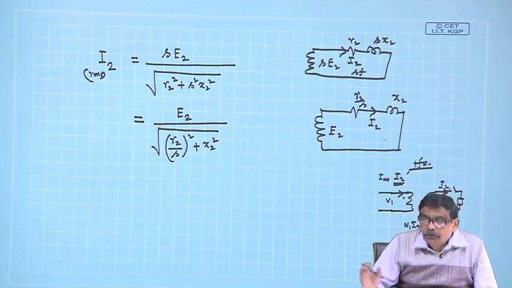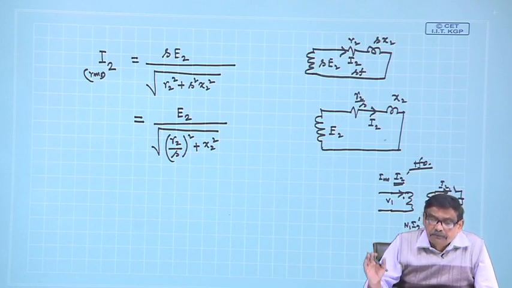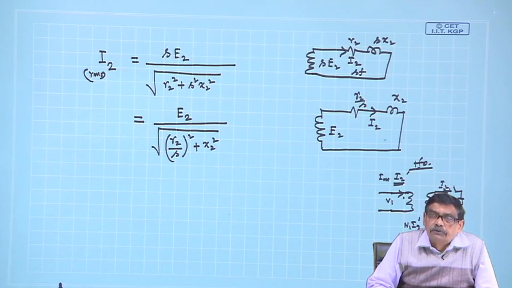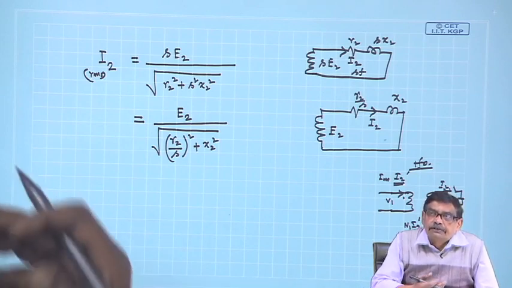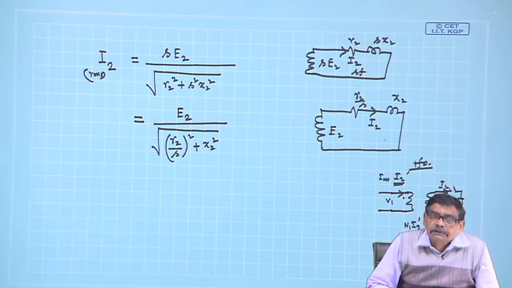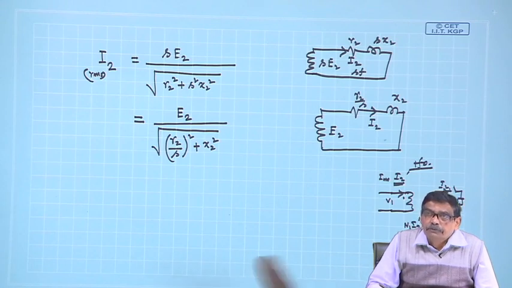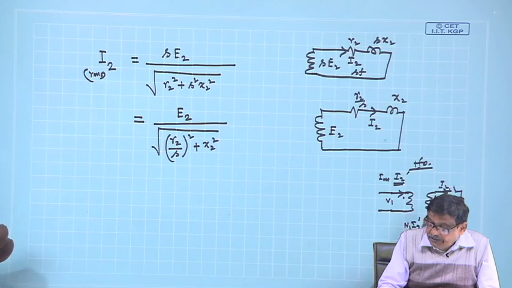If you close the secondary coil with some impedance, that is, want to draw some current out of the secondary, primary cannot remain a silent spectator to this. It will immediately react by drawing extra current I2 dashed, such that N1 I2 dashed is balanced by N2 I2, and these two MMFs will be in opposite direction.